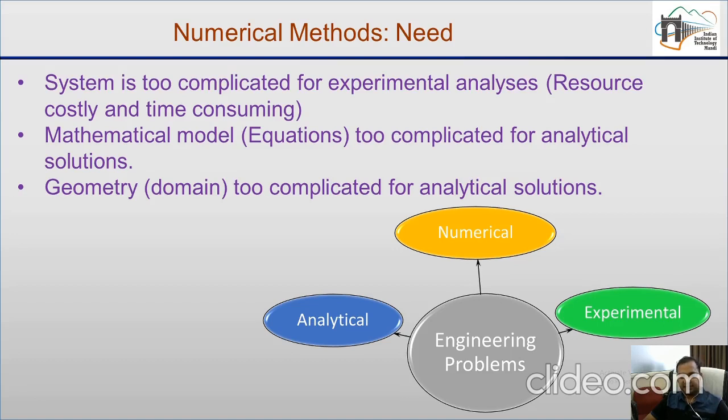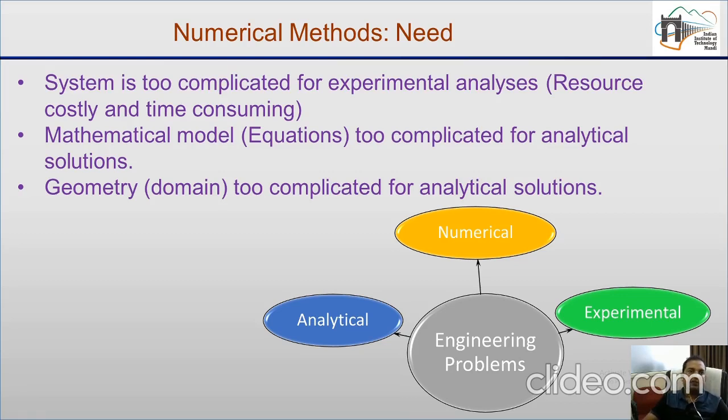Sometimes we can get the behavior by solving partial differential equations or ordinary differential equations by some means. If you see the advantage of numerical methods, they are applicable to all kinds of systems irrespective of domain. It may be civil problems, electrical problems, mechanical problems, or chemical problems. Anywhere we can use numerical methods.